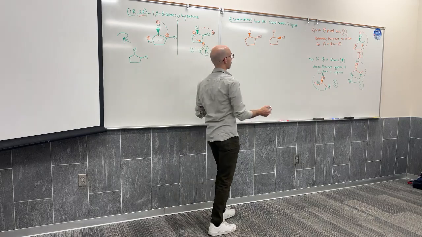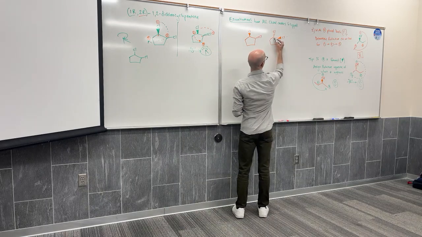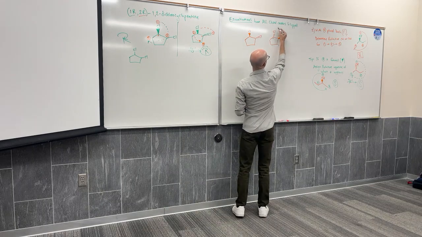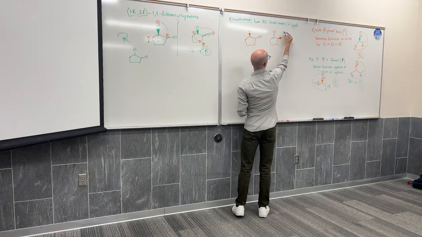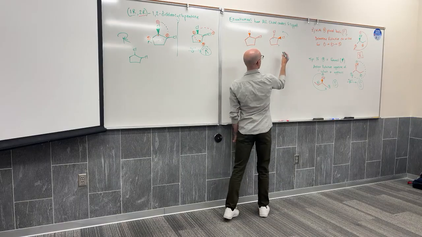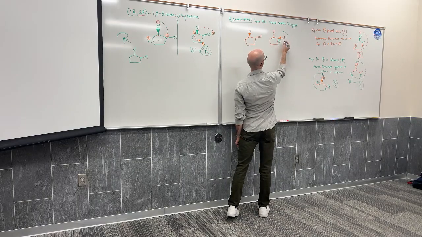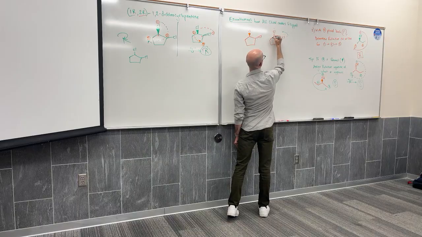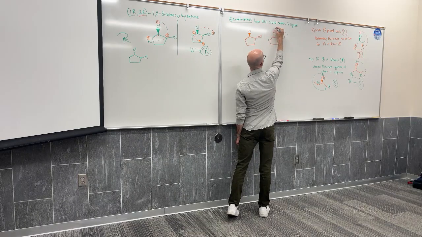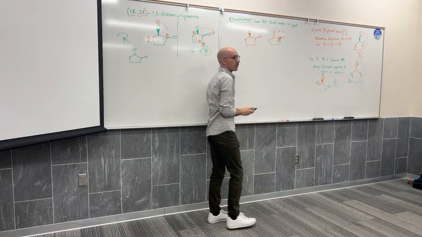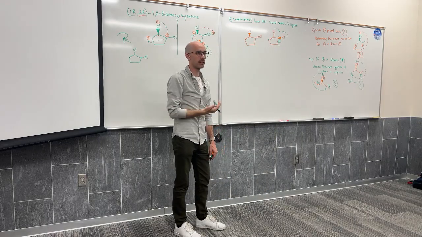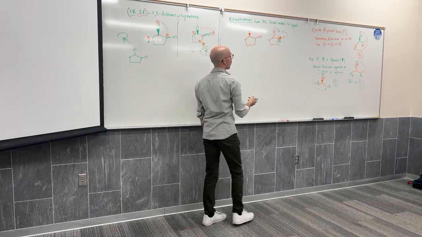Okay, well, priority 1, 2, 3, connected via a counterclockwise rotation. That's an S priority. And then 1, 2, 3, connected via a clockwise rotation, because priority 4 is forward.